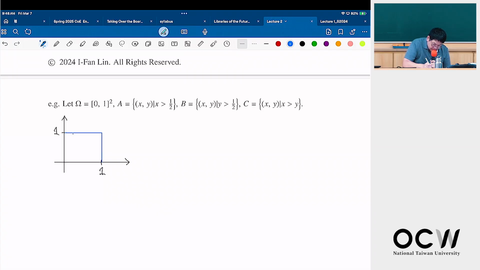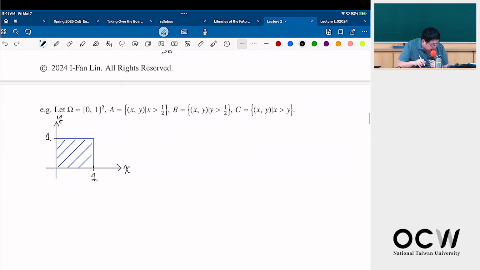Okay, it's in this area. And for area A, x is greater than 1/2.